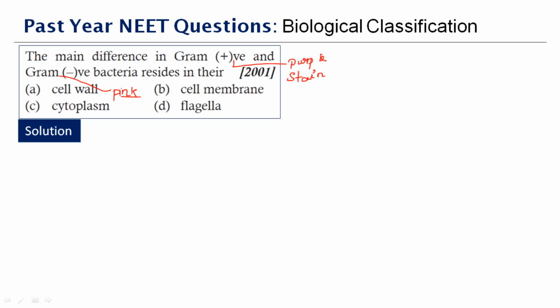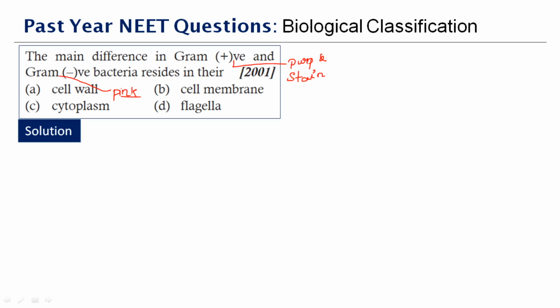We do a lot of research on these microorganisms because they are the ones which cause a lot of problems to us, and a lot of infections and diseases, especially in humans, who are the highest of all living organisms. So it depends upon the stain.